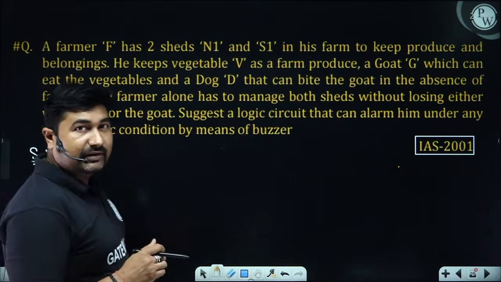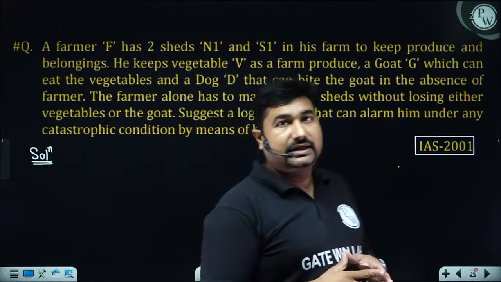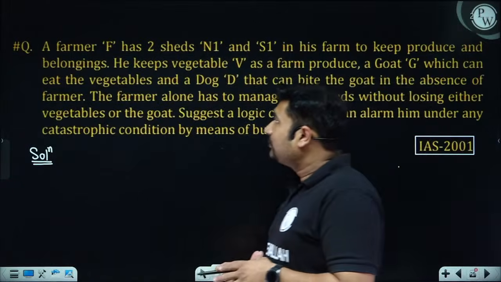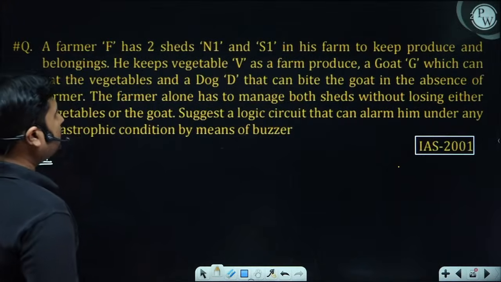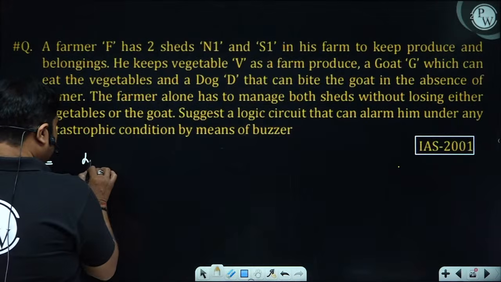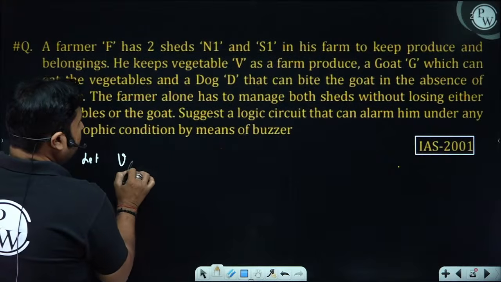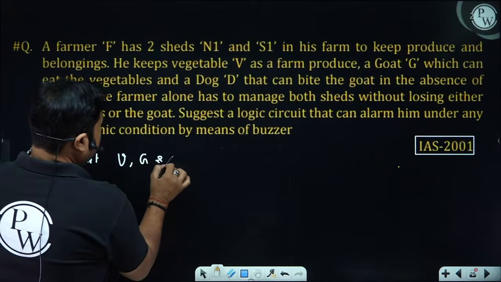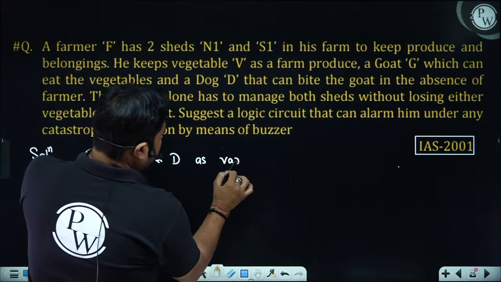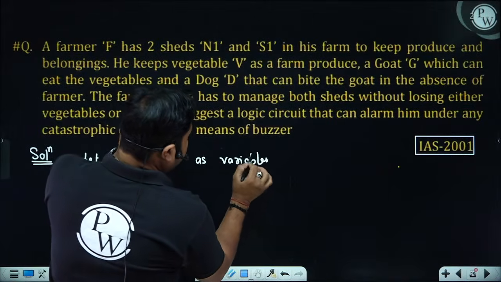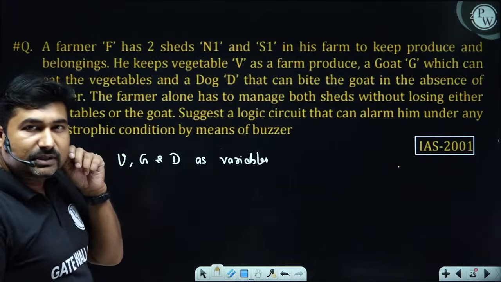So we have to design a logic circuit for the farmer. We have two sheds, and we have three variables. Let V, G and D be the variables: vegetable, goat and dog.